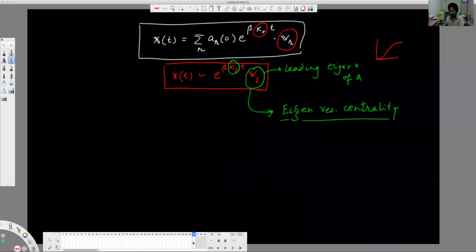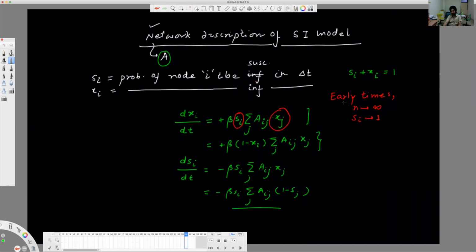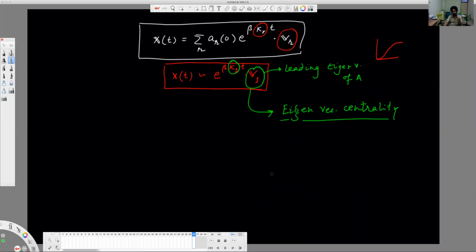Now, mathematically, whatever we have done is actually not the perfect thing. We have done approximations here. The first assumption that we made is the early times, right? Whatever we got in the final equation is the behavior of early times of the epidemic dynamics.